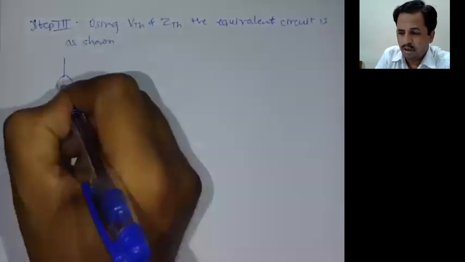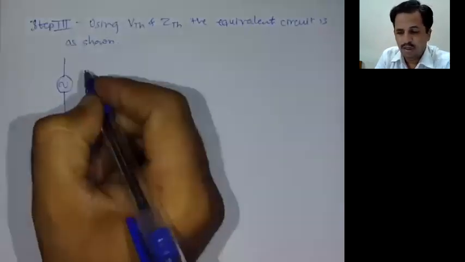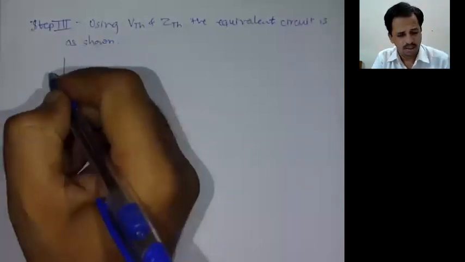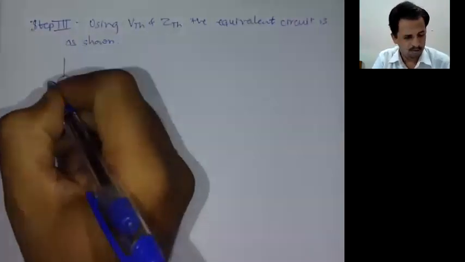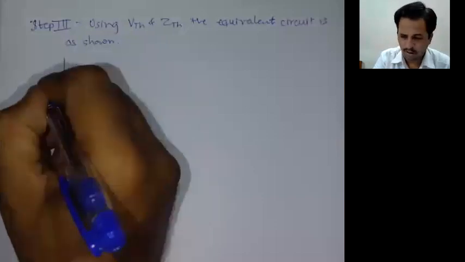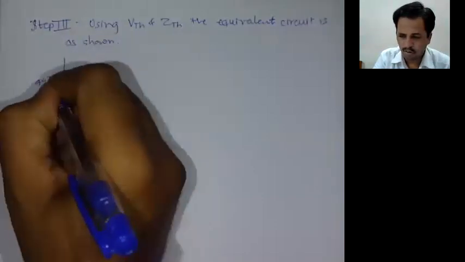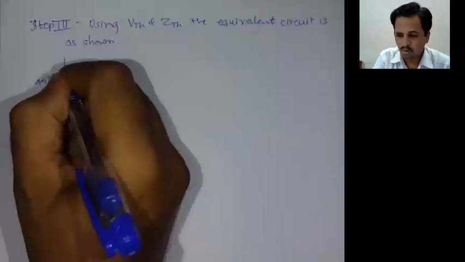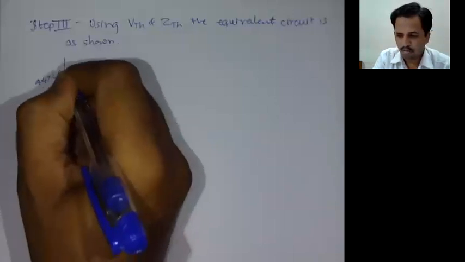Here it is the Thevenin equivalent voltage, that is VTH. What is the value of VTH? It is approximately 4.47 with angle minus 63.44.